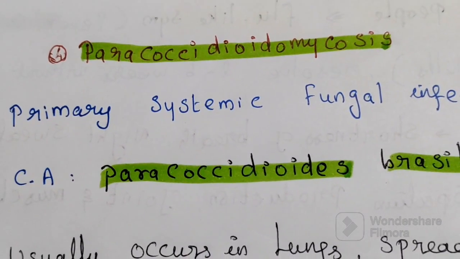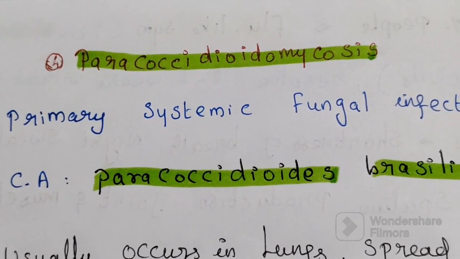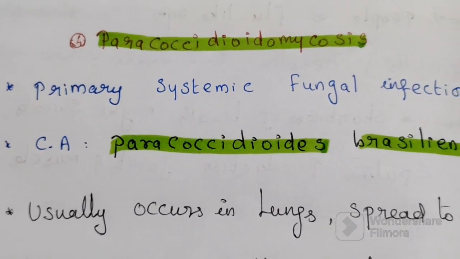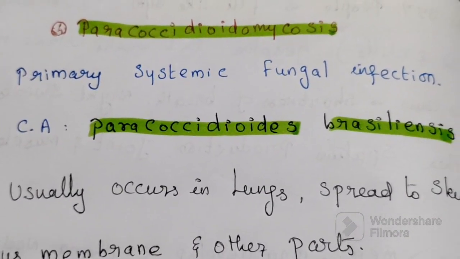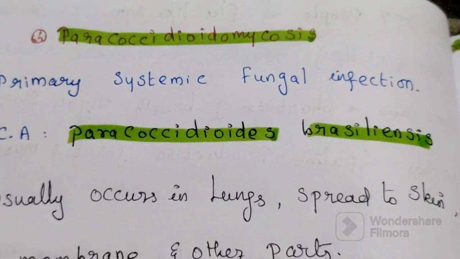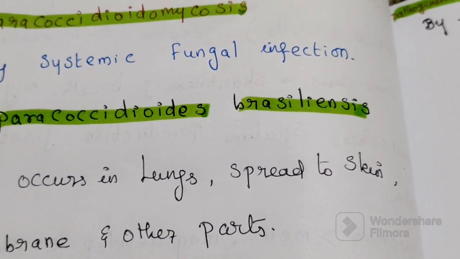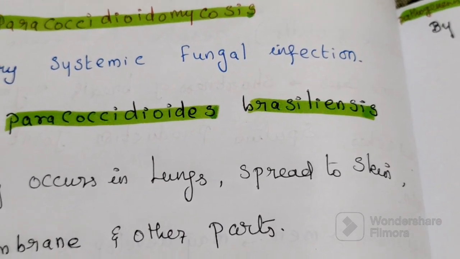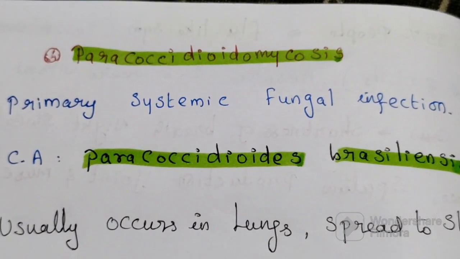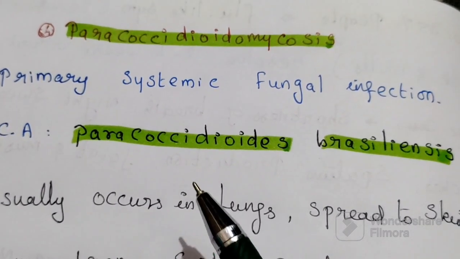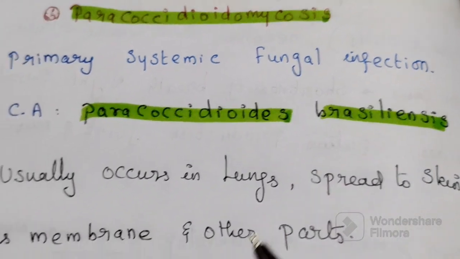So the fourth mycosis, Paracoccidioidomycosis. This is a primary systemic fungal infection, the causing agent being Paracoccidioides brasiliensis.